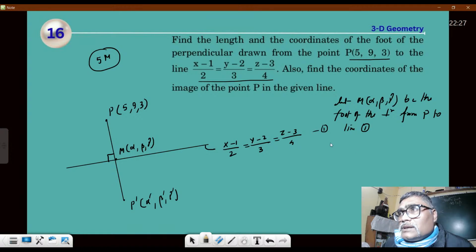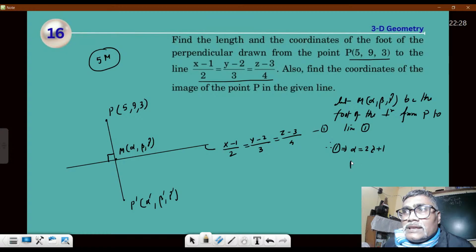So what I can write, 1 implies, right? You put alpha, beta, gamma in respective positions of x, y, and z. So you will be getting (alpha minus 1) by 2, which if I equate to lambda, I can get alpha equal to 2 lambda plus 1.